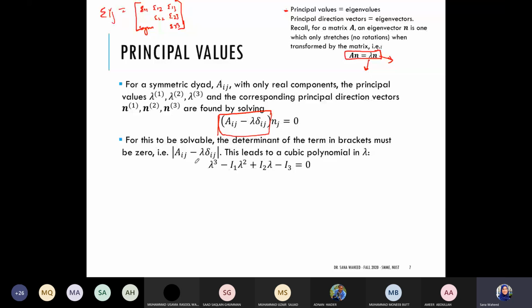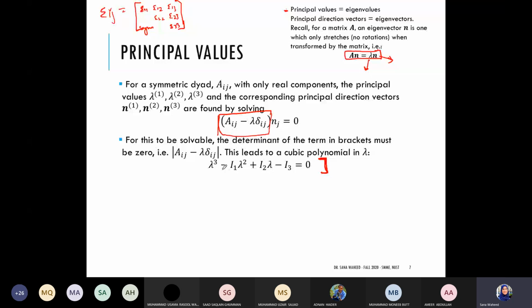It's extremely powerful and useful that the eigenvalues of a 3 by 3 matrix, or a second order tensor, must satisfy this equation: lambda cubed minus I1 lambda squared plus I2 lambda minus I3 equals 0.